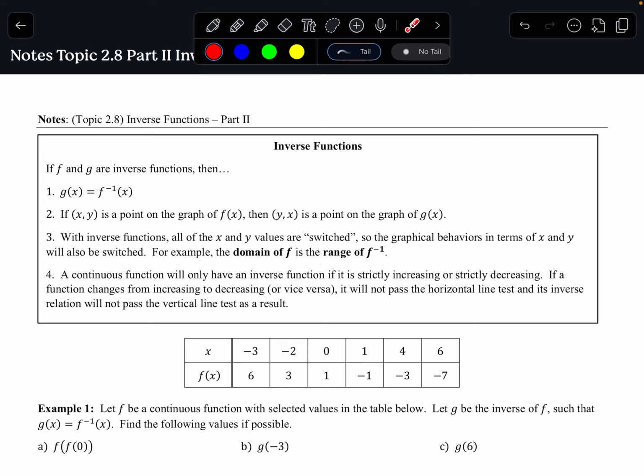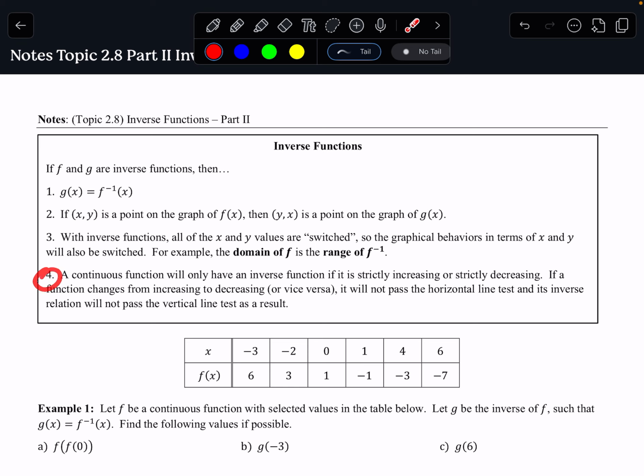So with inverse functions, you switch the x's and the y's, but what that does is it switches everything. So the domain of one function is the range of the inverse. And that's also true the other way. The range of the original function is going to be the domain of the inverse.